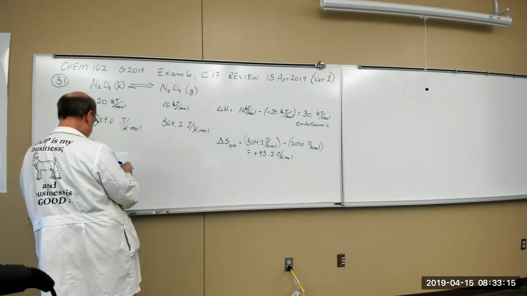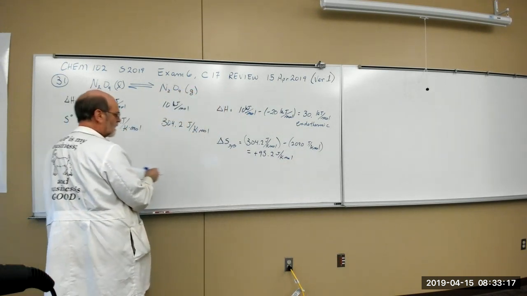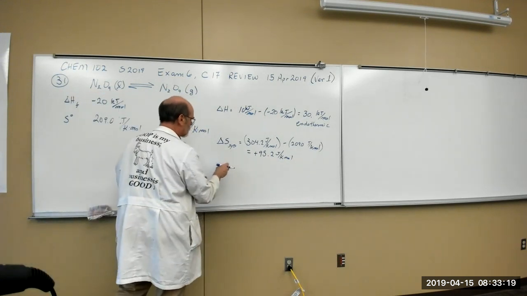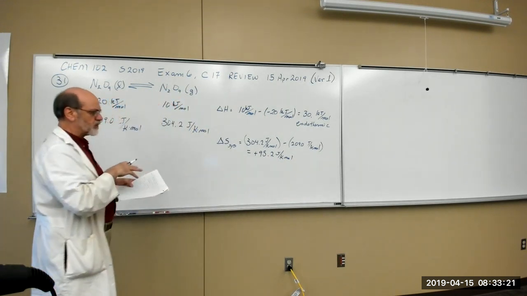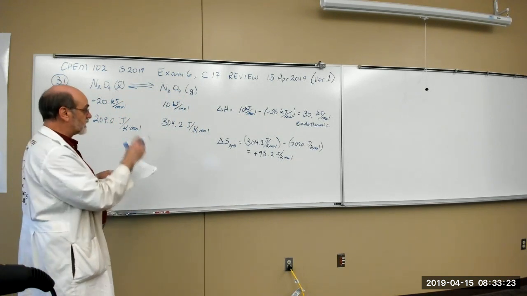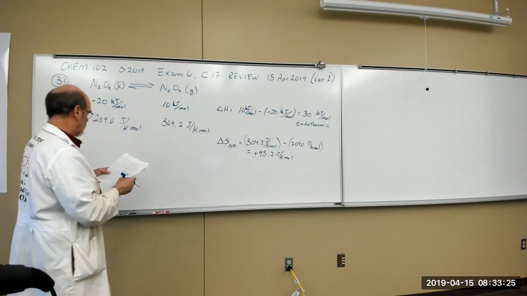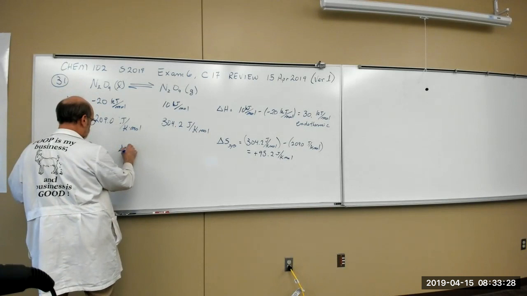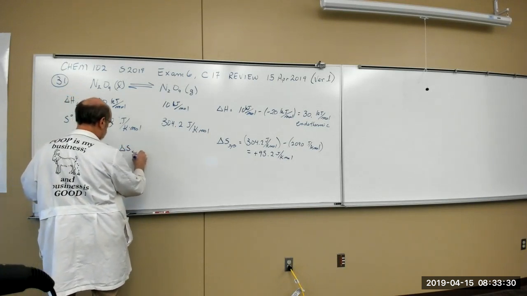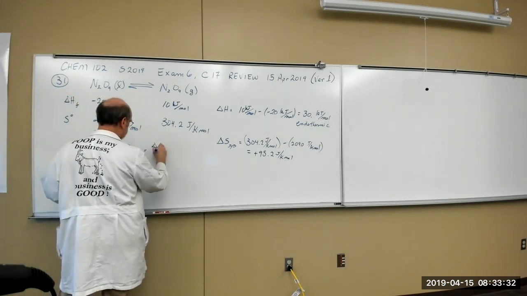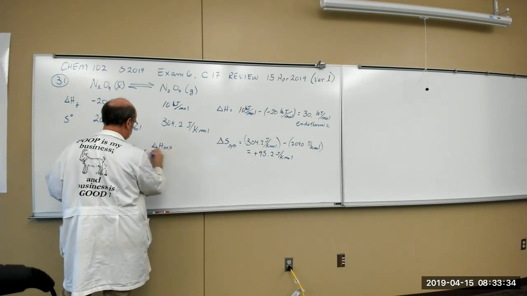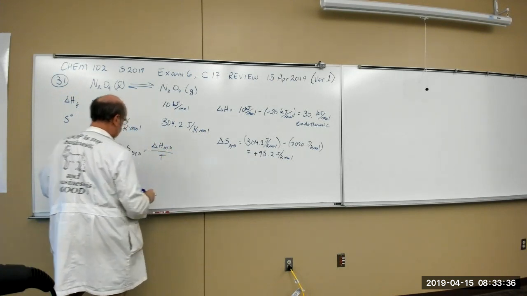And then once we know the delta S for the system, we need to relate the system to a temperature. So we did have to calculate both of them, because I was going to use delta S for the system is equal to delta H for the system divided by temperature.